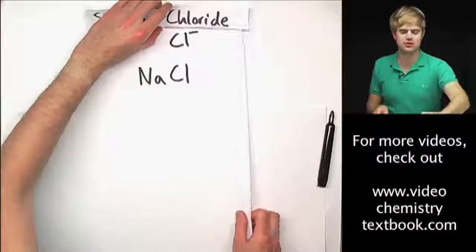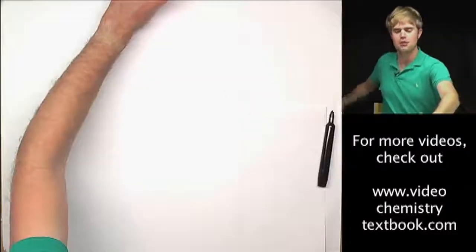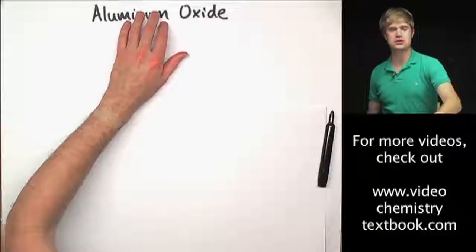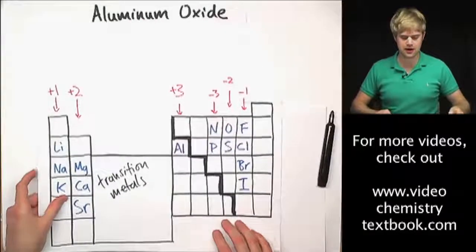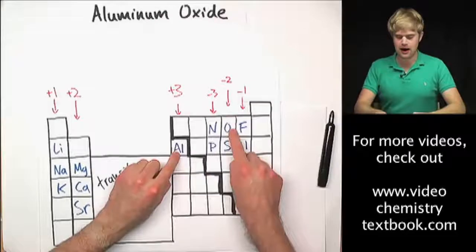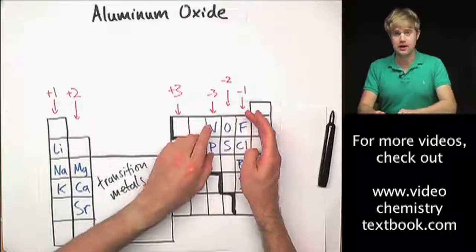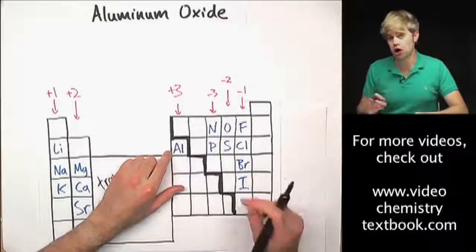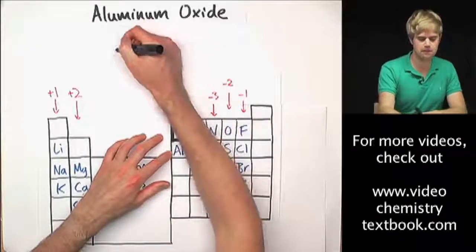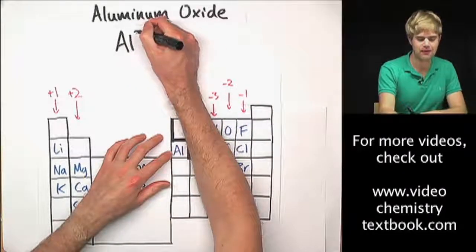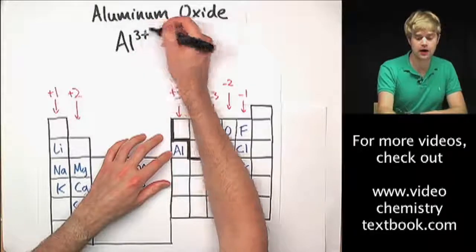I want to try to convince you to watch this one last example because it's a tricky one that confuses a lot of people. Okay. Aluminum oxide. Once again, periodic table, aluminum here, oxygen here. Metal, non-metal, it's ionic, which means charges are important. So aluminum is in the 3 plus column. 1 atom or an ion of aluminum.